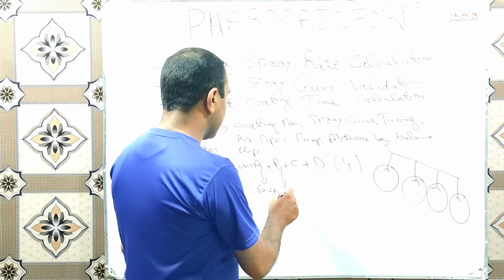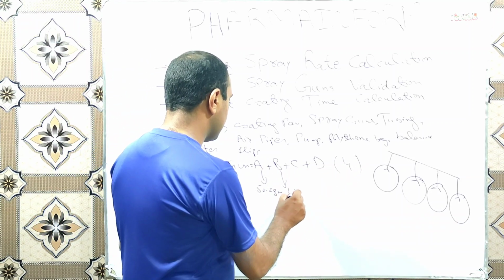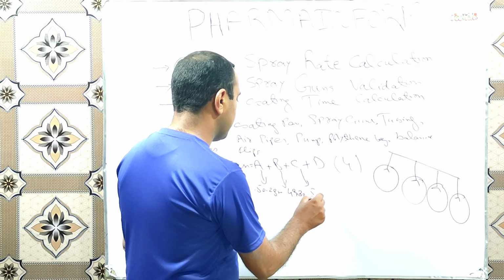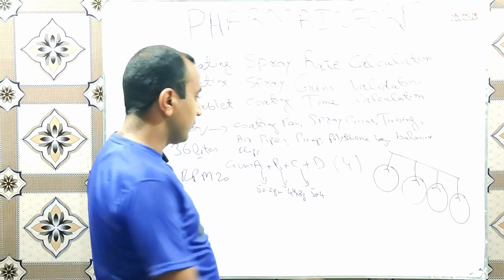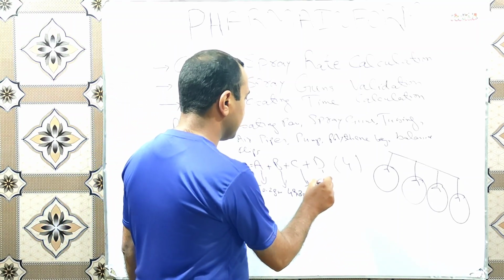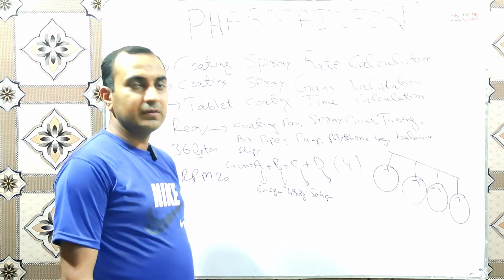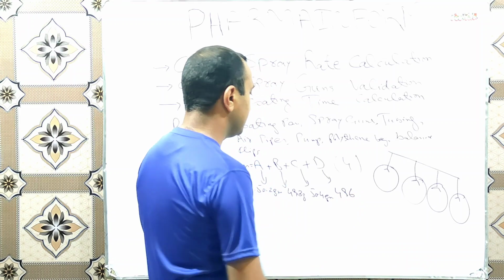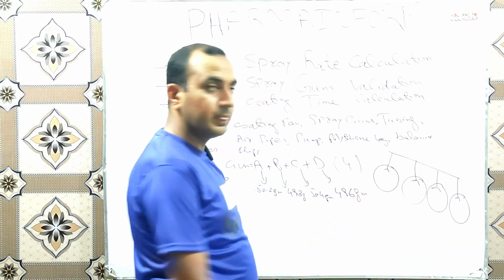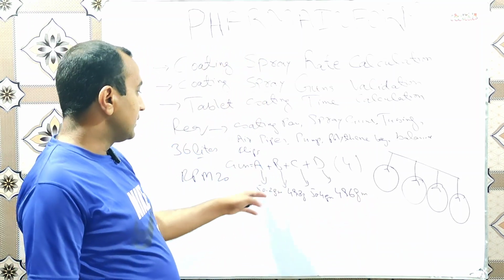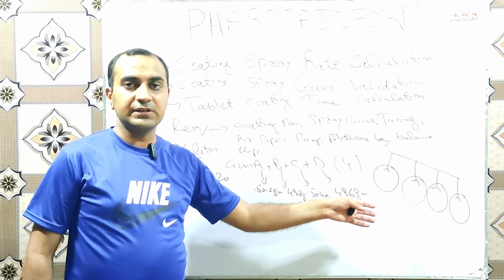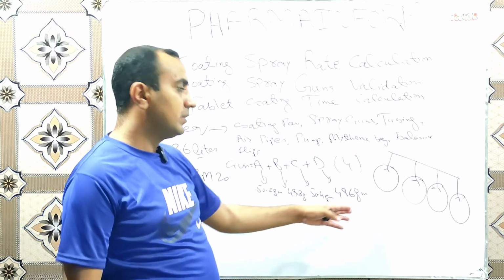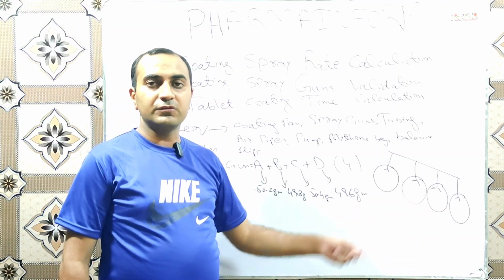In spray gun B we achieved 49.8 grams. In gun C we achieved 50.4 grams per minute, and in coating gun D we achieved 49.6 grams in 1 minute. So in this way you can easily calculate the spray rate for each gun. In this way we have achieved the following quantities of the coating solution.